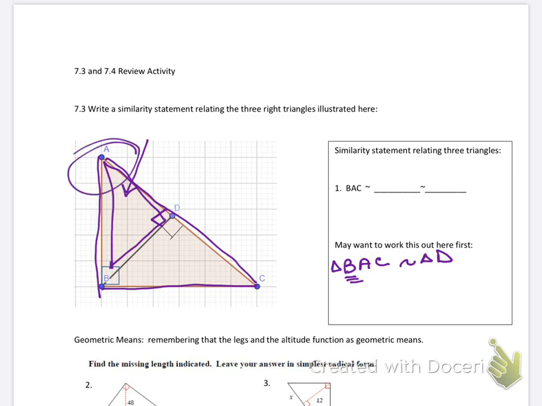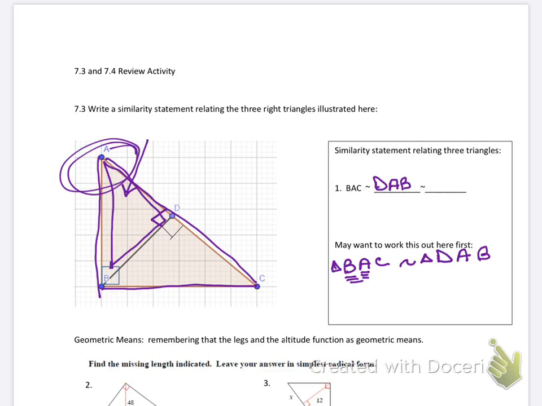And you should be saying the angle A is common to both. Look where A is. A is in the second position, so put A second. What's the third letter in that top triangle? You should be saying B. And there you have it. Okay, so then you can put DAB on this line right here.